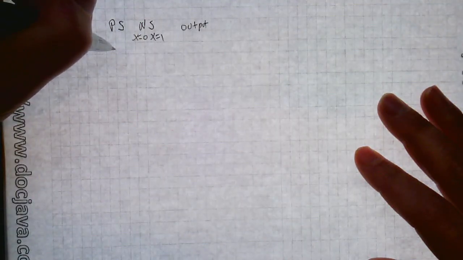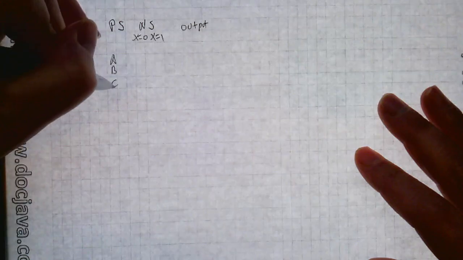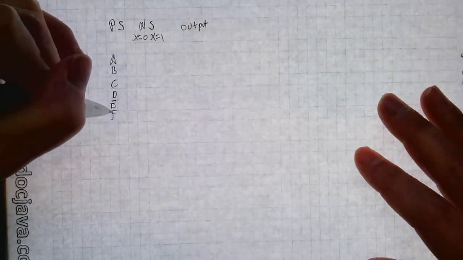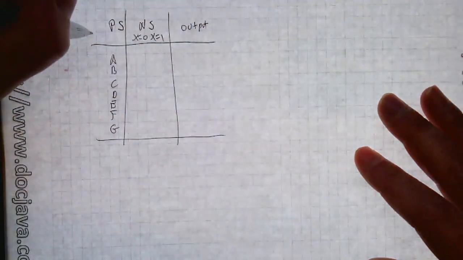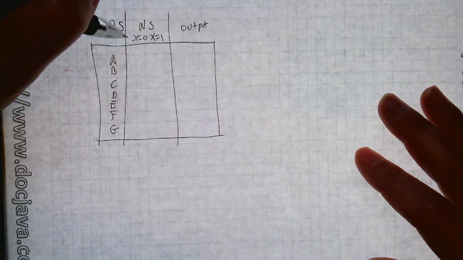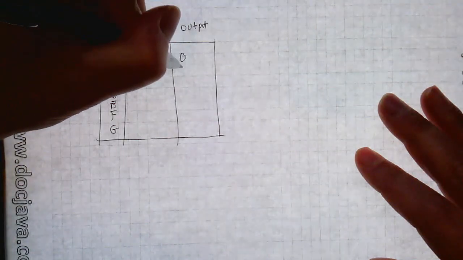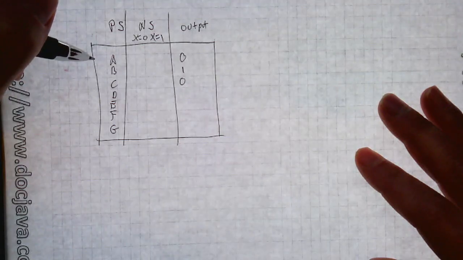The states are A, B, C, D, E, F, and G. The outputs for A, B, C, D, E, F, G are 0, 1, 0, 0, 0, 0, 0.